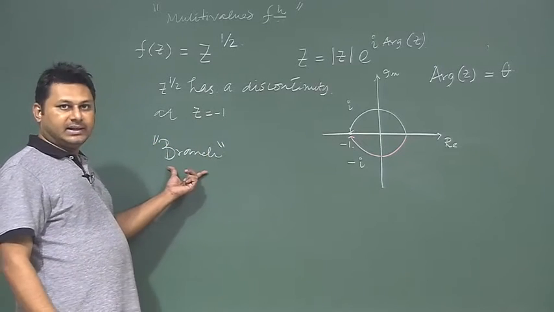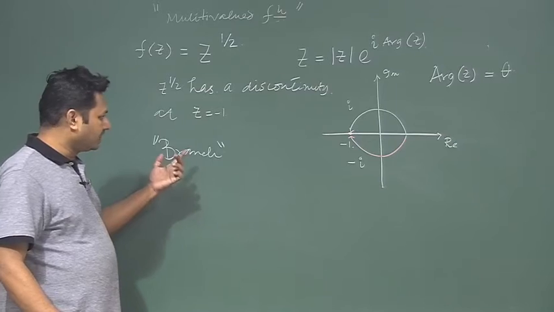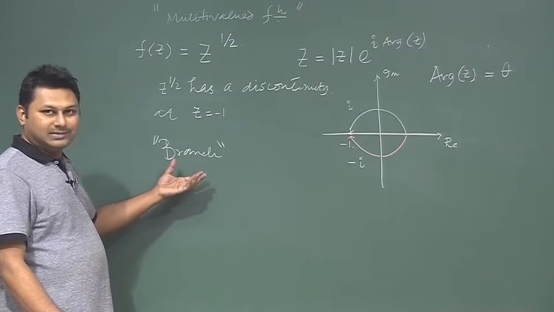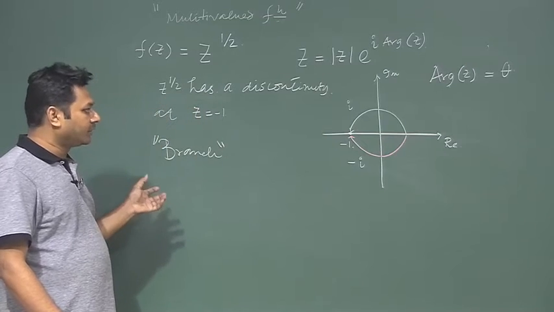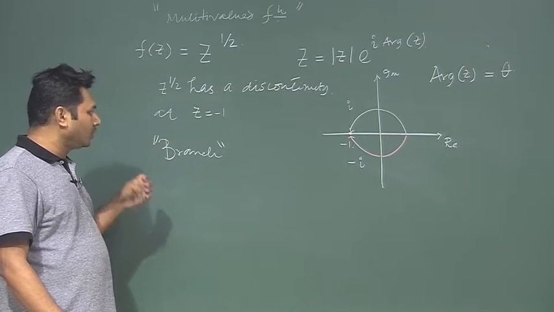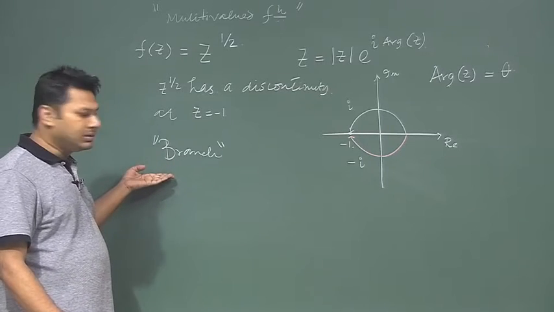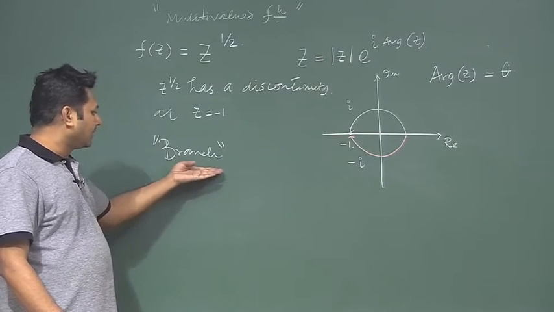I will try to cover this in a future class, but not today. In order to understand this branch, you need to know a few other things associated with that. So, before that I want you to know the basics of the derivative and all these things, then I will go to this particular thing called branch.